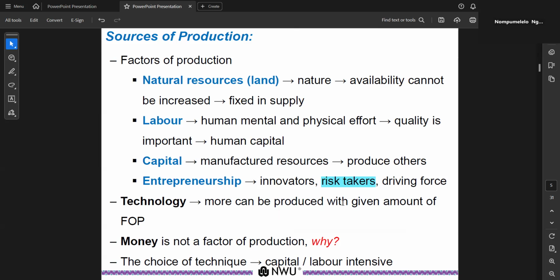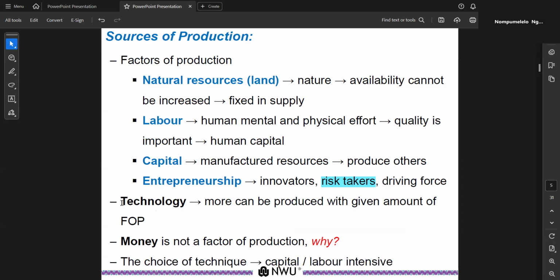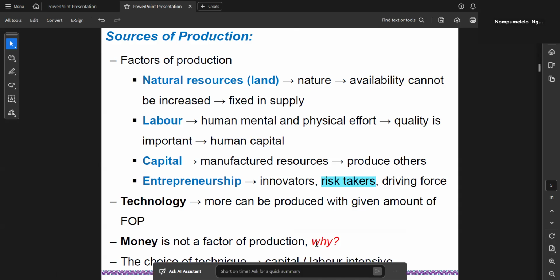Technology: more can be produced with the given amount of factors of production. So they're saying that we might say technology is one of the factors or sources of production, because we need technology in the production process, and currently technological resources are being used in the production process. Money is not a factor of production.